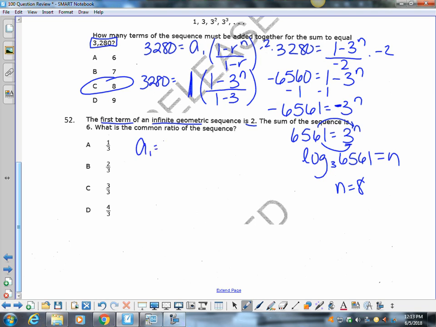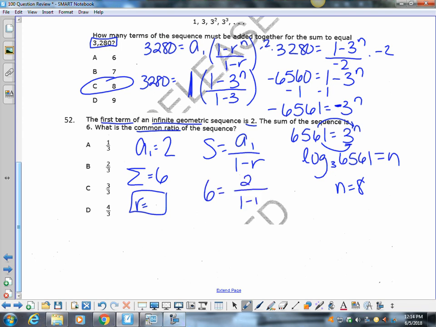So I know my a sub 1 is a 2. I know the sum is 6, and I want the common ratio, so I'm looking for R. We are infinite, so for this formula, which again is given to you, my sum is 6. My first term is 2.